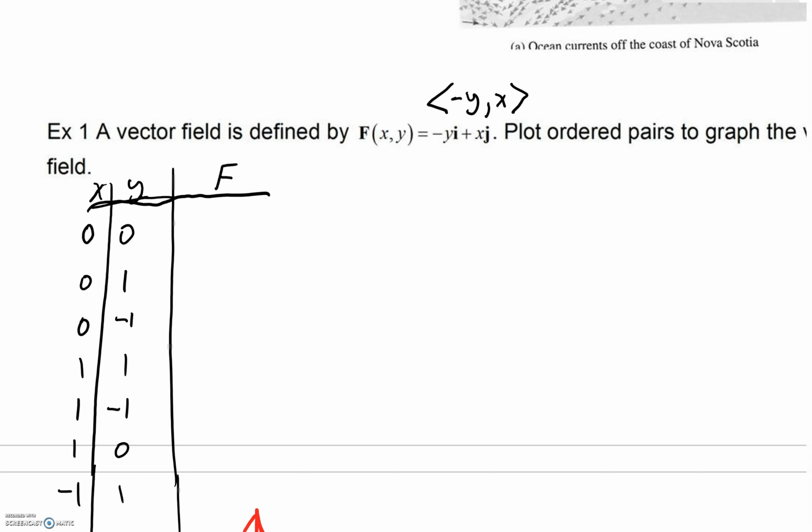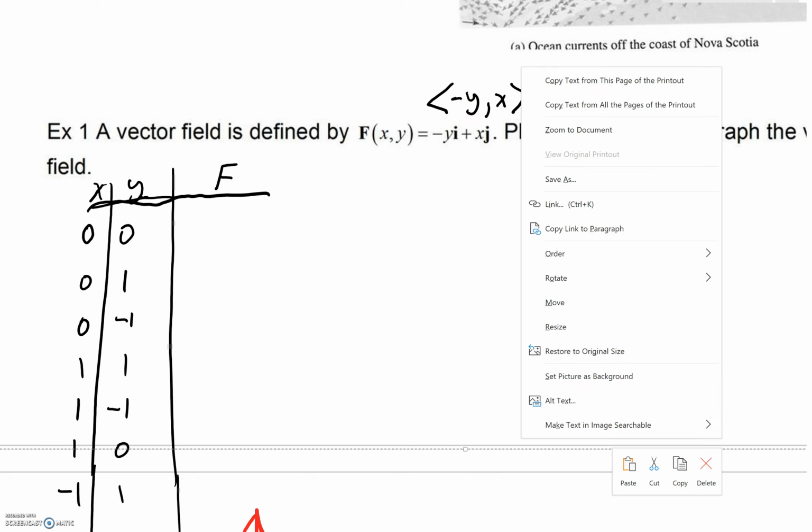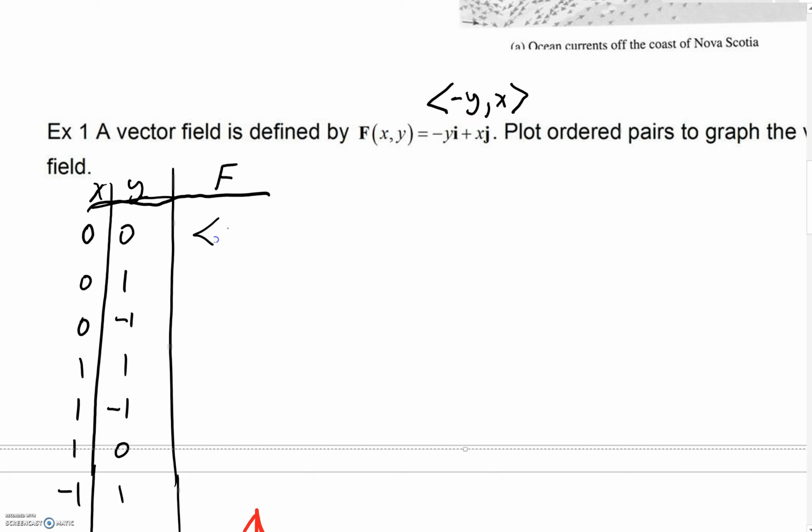Notice the output, though. When you plug in this point x comma y, you don't get a number coming out. You get a vector. The x component of your vector is going to be the negative of the y coordinate. So negative 0 is just 0. For your j direction, you just take the x coordinate.